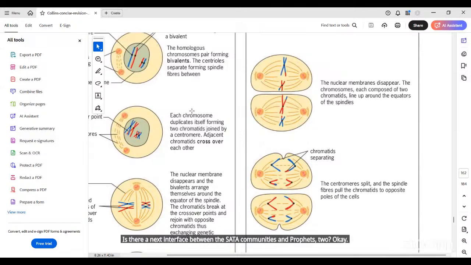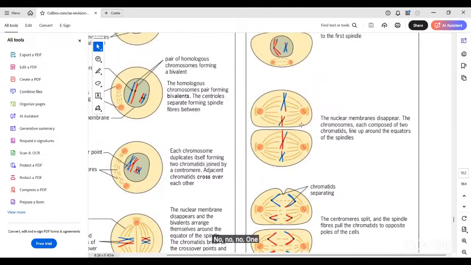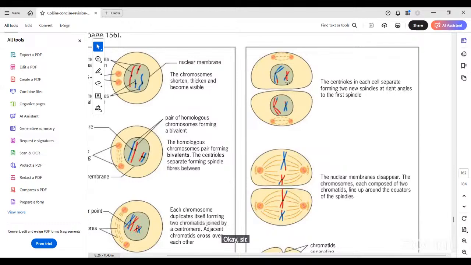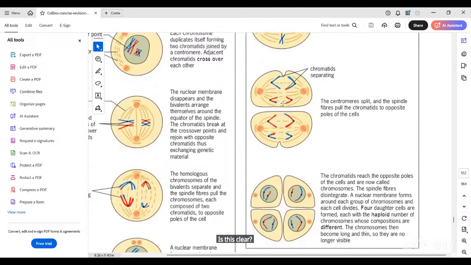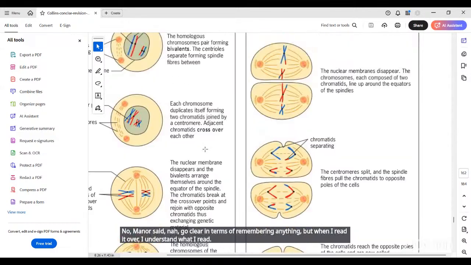No, no interphase. Okay, sir. This is all clear? Yes, sir. It is clear in terms of remembering it, no, but when you read it over, you understand what you read.